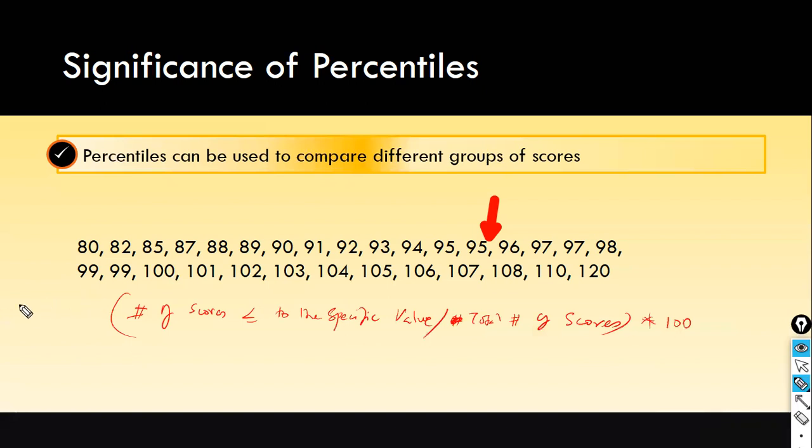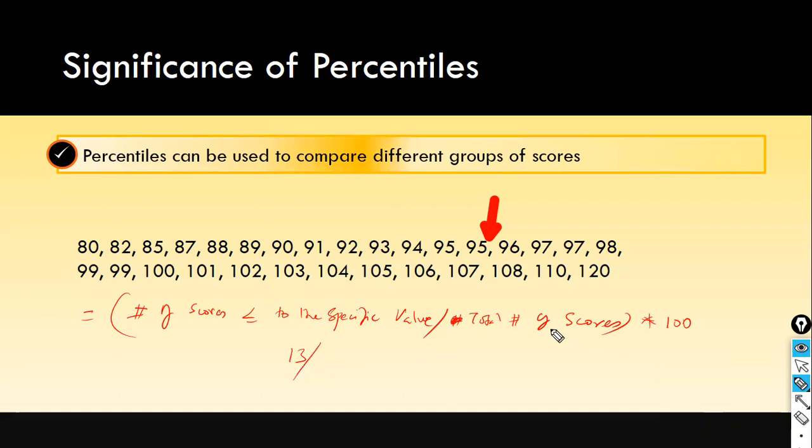In this case, we are interested in finding out the percentile for the score 95. The score of 95 is in which percentile? We'll just simply supply the values. How many scores are less than or equal to the specific value? 13, right? Yes, Fatima, you're correct.